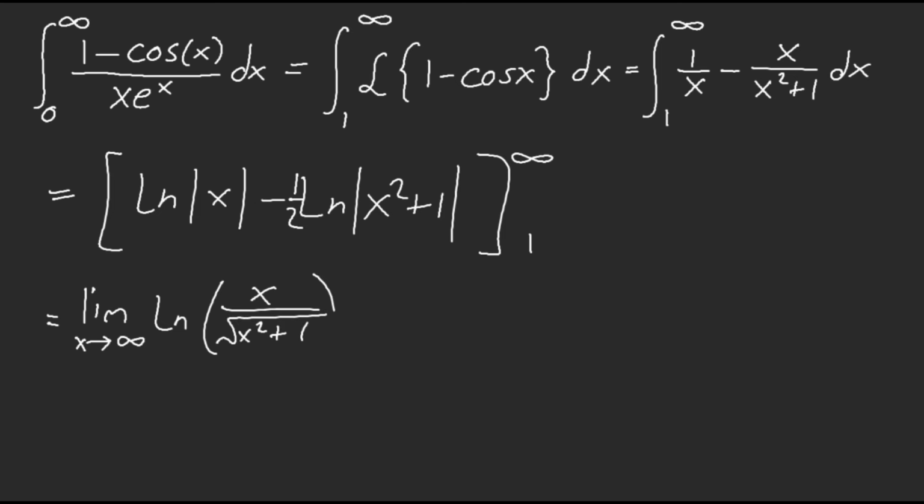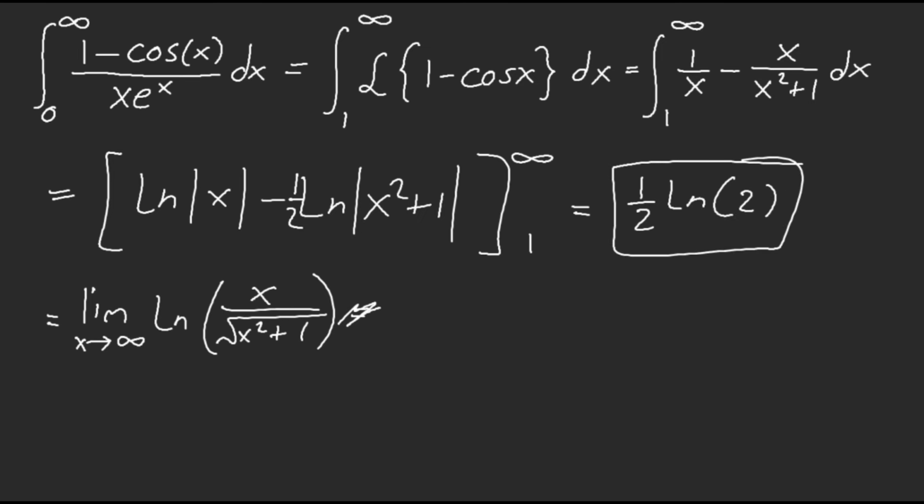Oh yeah, it's going to go to 0, because ln of 1 is equal to 0. So technically in this case, our answer would simply be a half of ln of 2. And that's our answer. See? Again, very quickly, super fast. That's all we got to do.